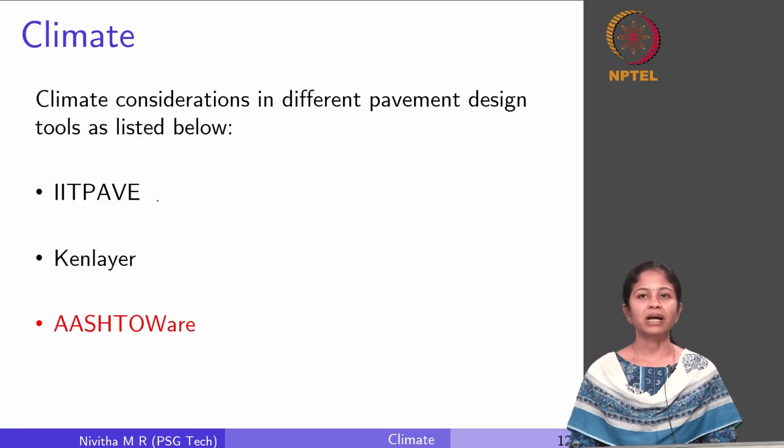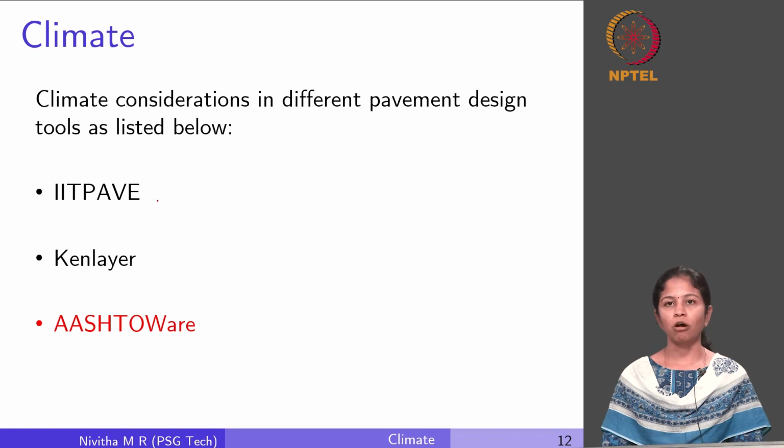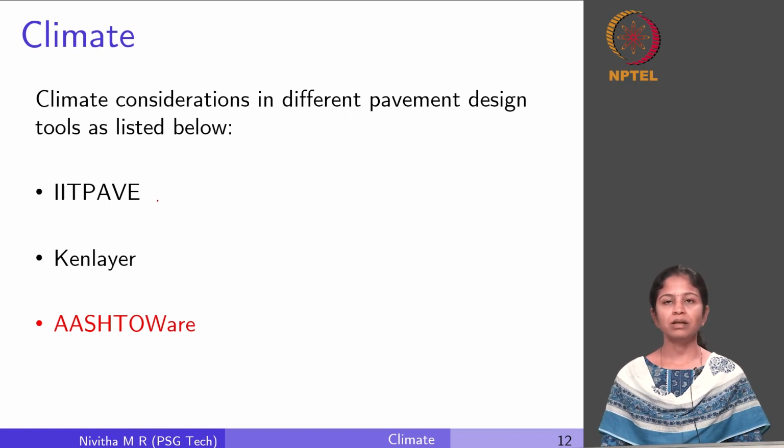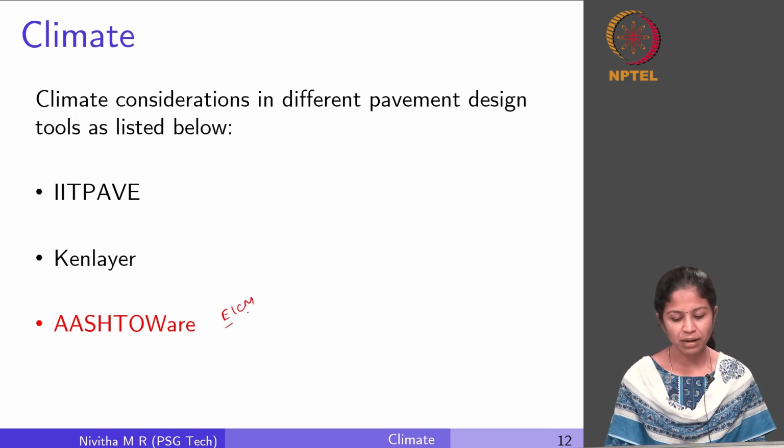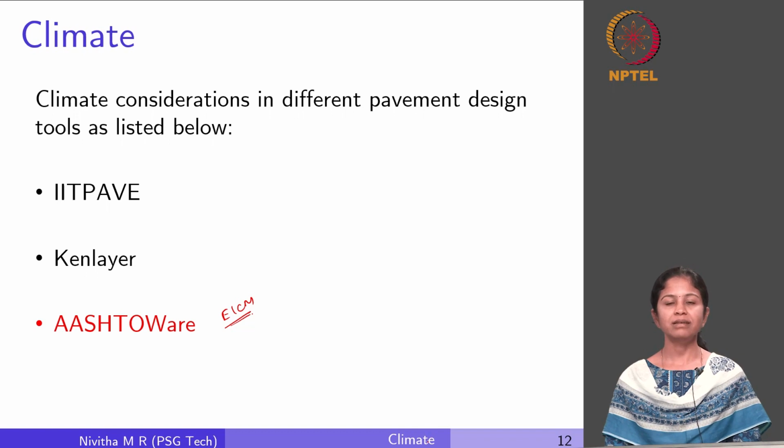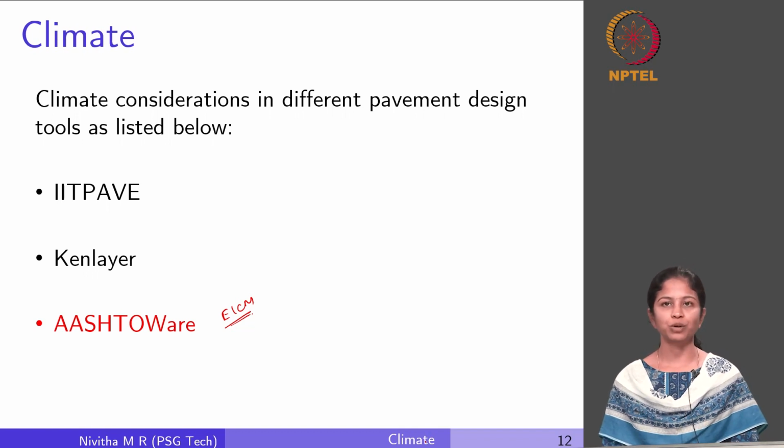Next I will talk about AASHTOWare, which is a comprehensive software which takes into account a lot of variables and tries to quantify their effect on material properties. Previously I was discussing the enhanced integrated climatic model, and I was saying that this module is inbuilt in the AASHTOWare software.